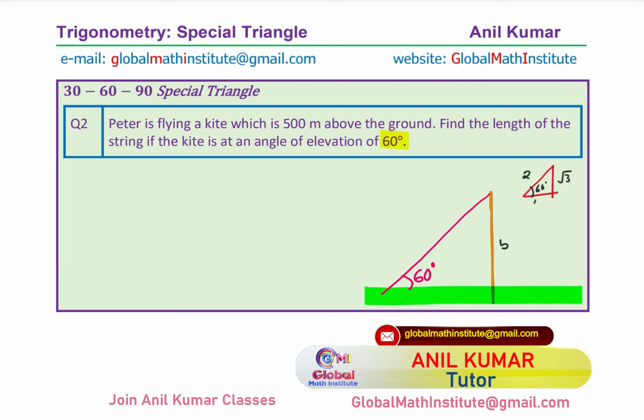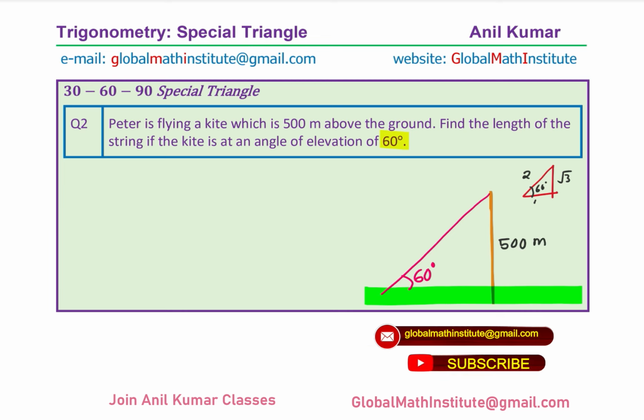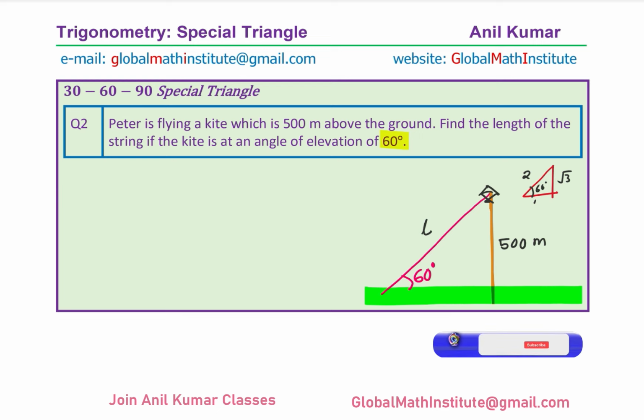We know this is 500 meters above the ground. Find the length of the string. So we need to find the length of this when a kite is somewhere here, right? You get the idea. So clearly, if I compare the two triangles, I can get the ratio, right?